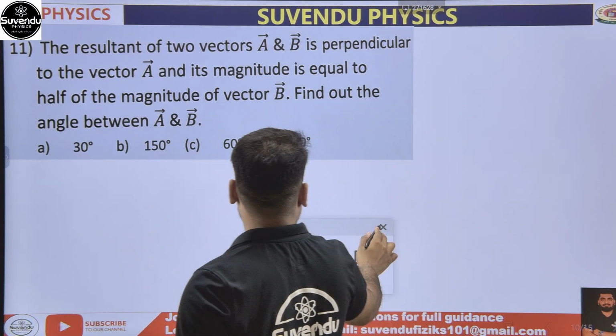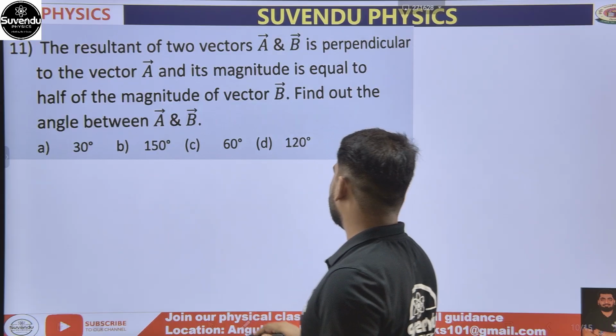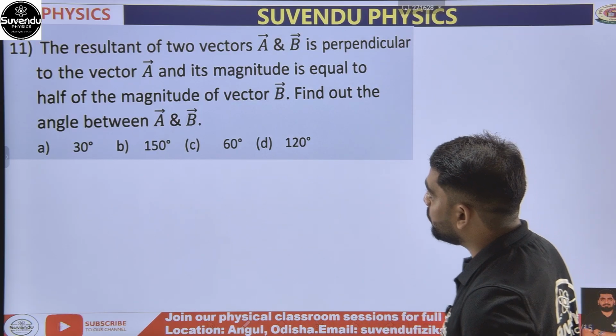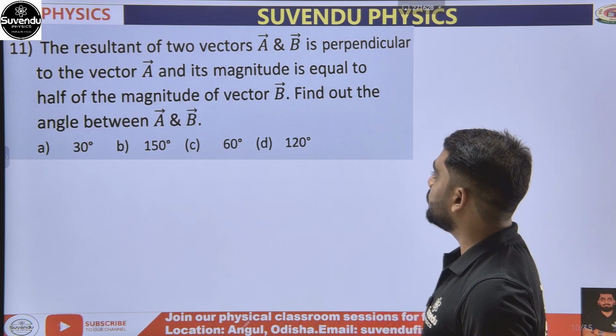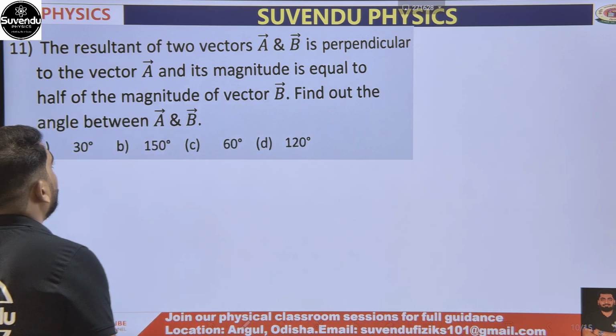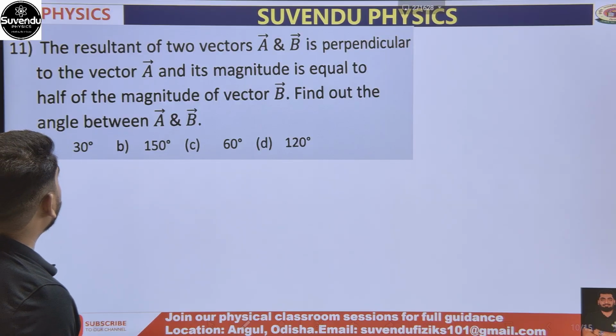The question is: the resultant of two vectors, a vector and b vector, is perpendicular to the a vector and its magnitude is equal to half of the magnitude of vector b. The resultant of two vectors a vector and b vector is perpendicular to a vector.